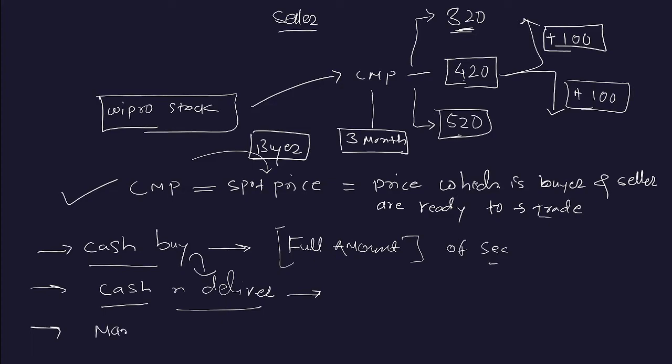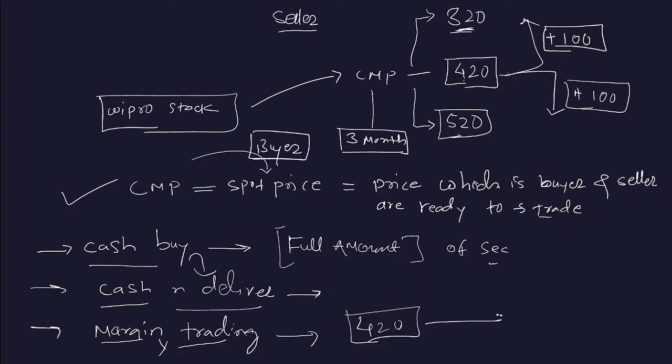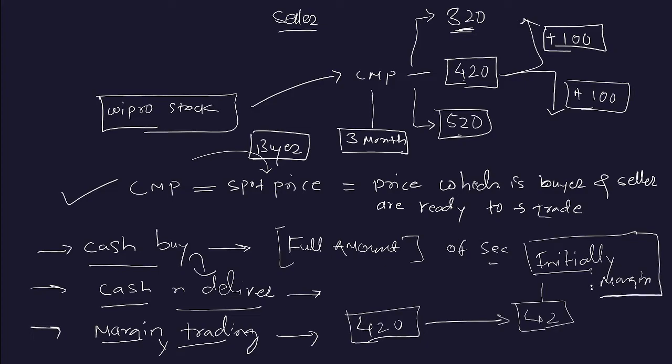Another one is margin trading. So what is that margin? For 420 rupees, if you want to buy the 420 rupees security, then you can pay only 42 rupees as an initial margin and buy that asset. This is the other way. You can pay only 10%, right?